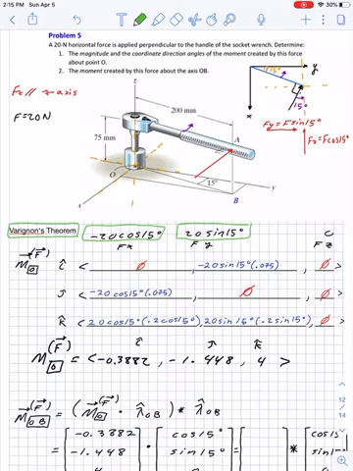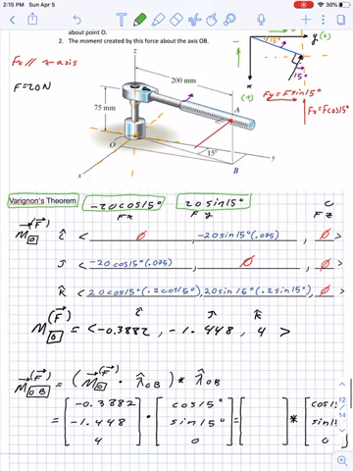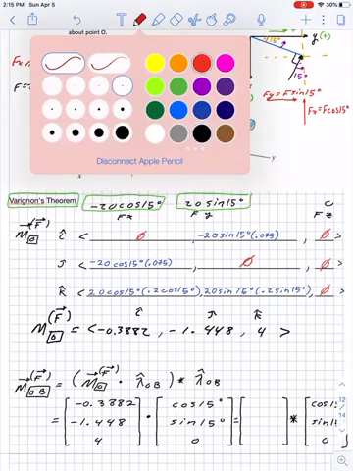We see that f of x is going towards, if this is positive and this is positive, we see f of x is going in the negative direction, and f of y is going in the positive direction. So that's where we get those values there. But the sign doesn't really matter when using Varignon's theorem. Really, it's all about intuition and using a little bit of logic and common sense.